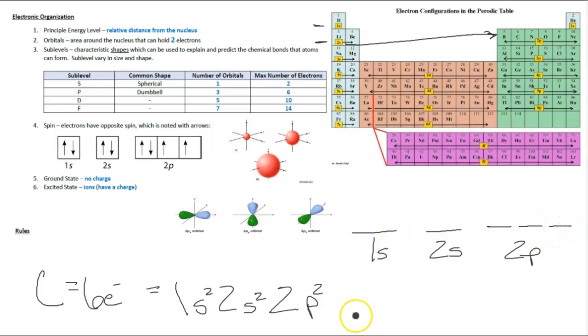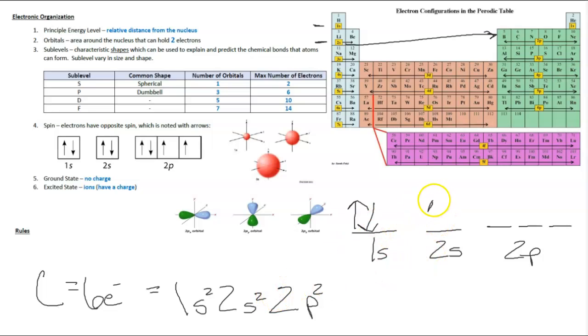The next thing I need to do is show my electrons in the orbitals themselves. Electrons will always enter with opposite spins. And the way that we show that is with an arrow facing up and an arrow facing down. So for my 1s for carbon, there are 2 arrows: I put 1 pointing up and the other pointing down.